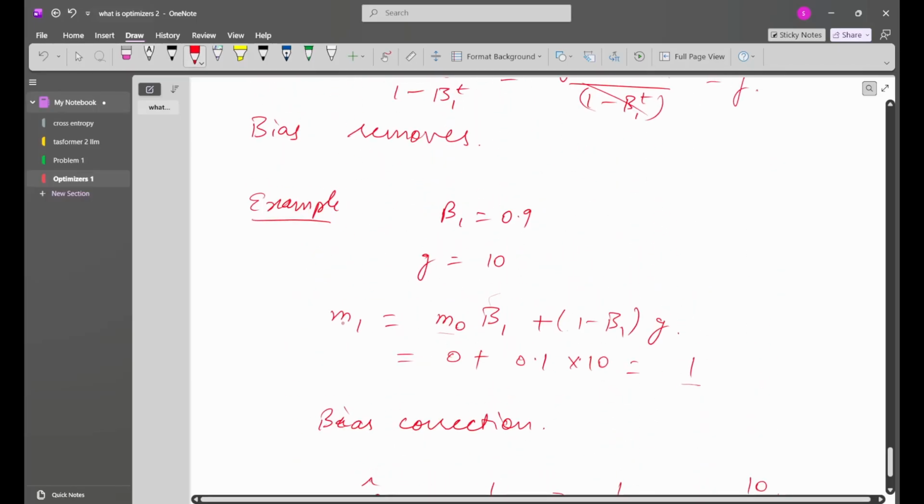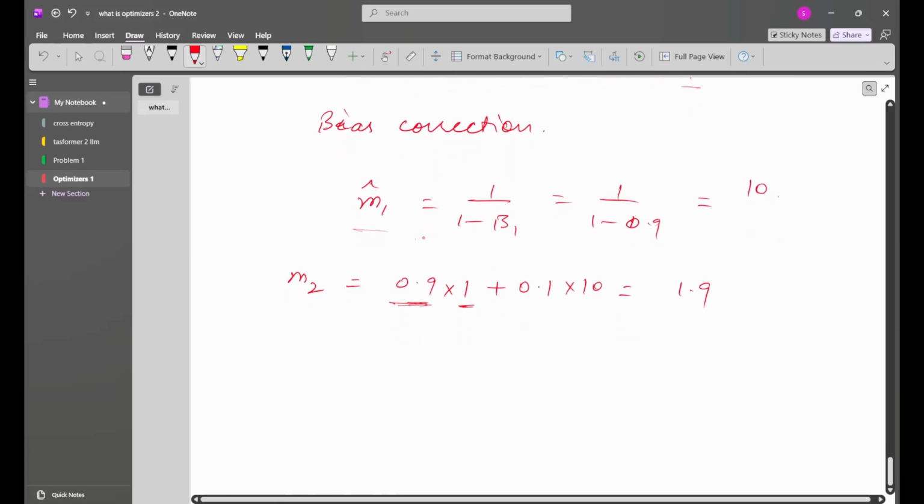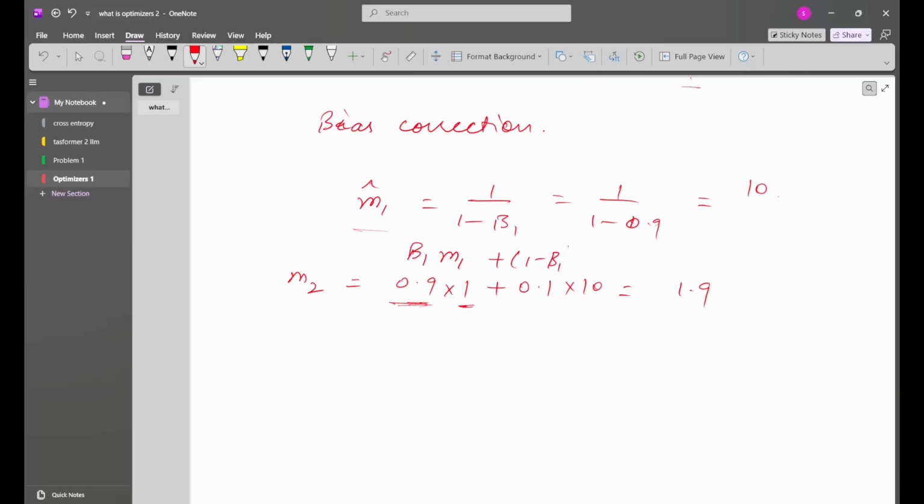So m2 is beta_1 times m1 plus (1 minus beta_1) times g. Using this equation we get the m2 value of 1.9. Without correction, 1.9 is still small. Now m2 cap will be 1.9 divided by (1 minus 0.9 squared), which is 1.9 divided by 0.19, equal to 10. Correct again.